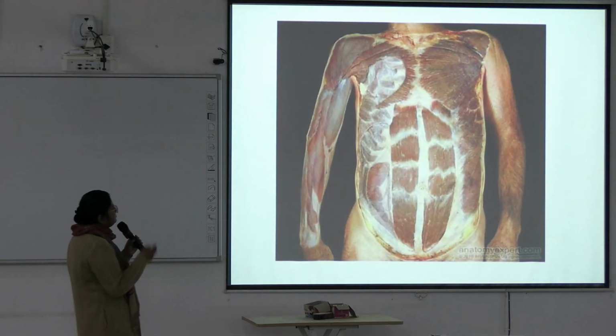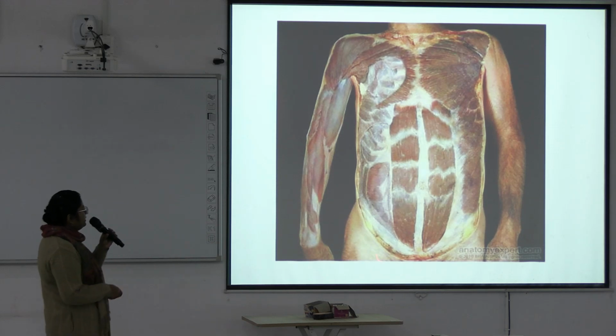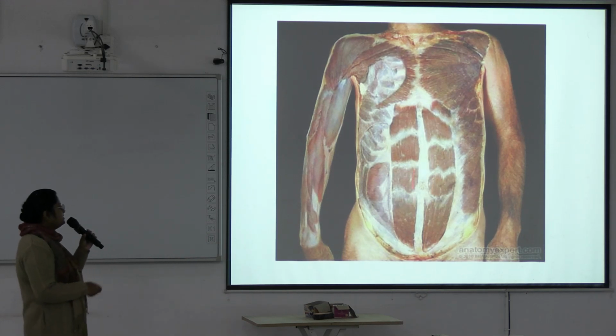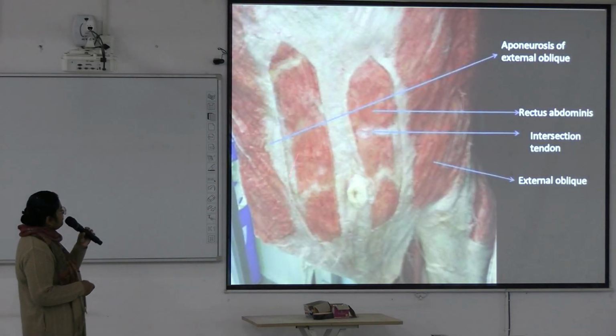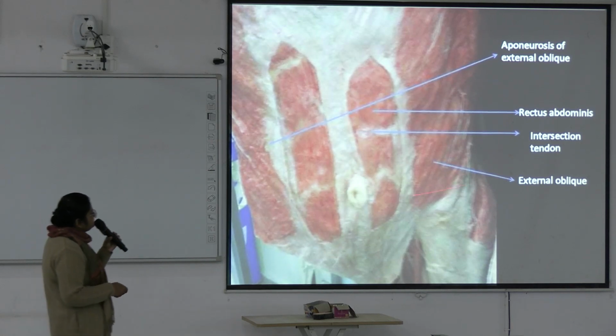Next, these are the rectus abdominis muscle and intersections, and these are the flat muscles of the abdomen. Next, so this is the umbilicus, rectus abdominis muscle, intersections, and external oblique has been shown.